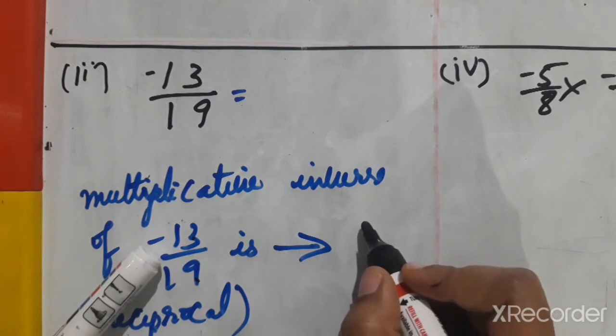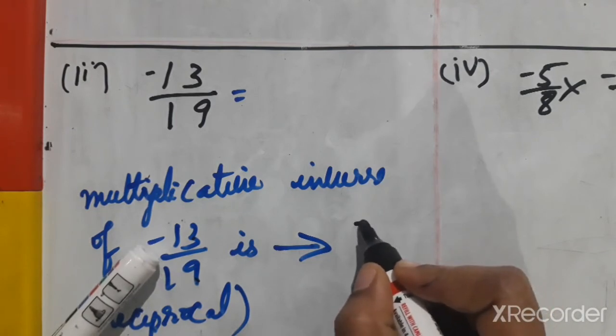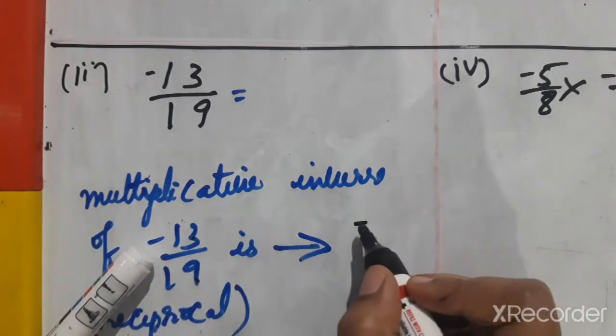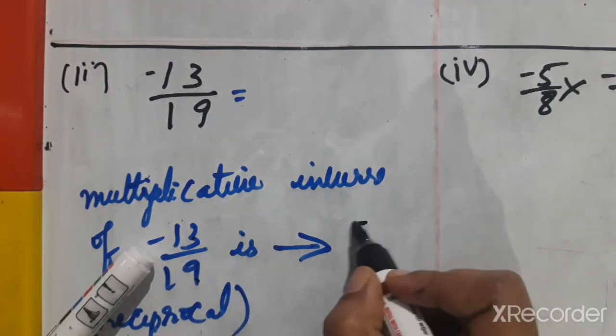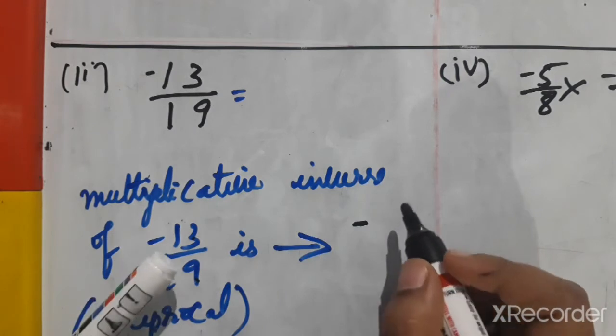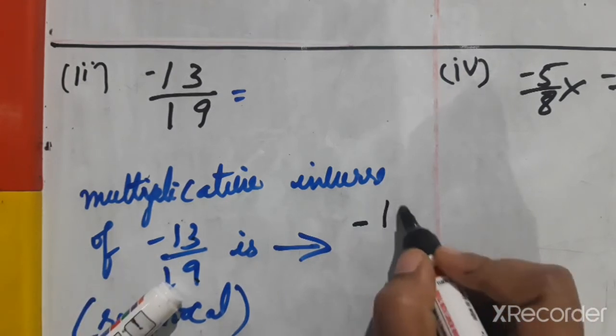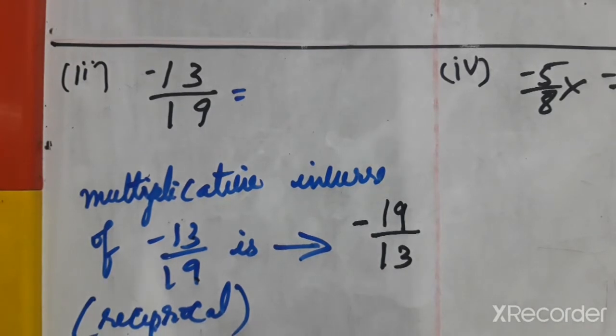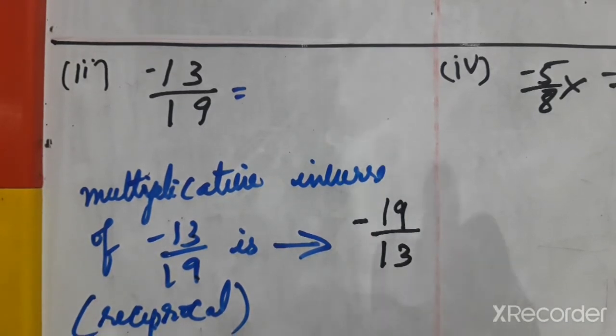Now, don't change the symbol. You should not change the symbol. The symbol for the numerator, we write for the numerator only. And 13 by 19 will become 19 by 13. Okay, 19 by 13. So what is meant by multiplicative inverse?